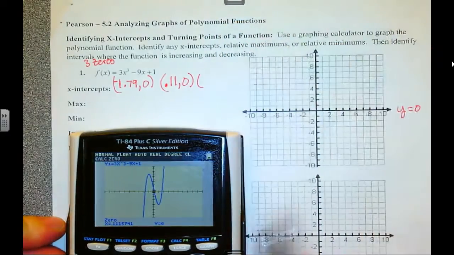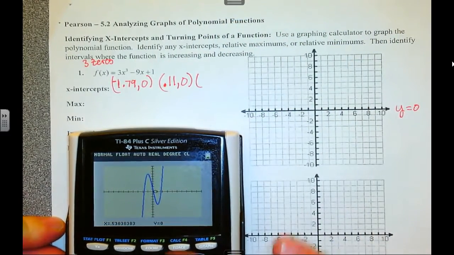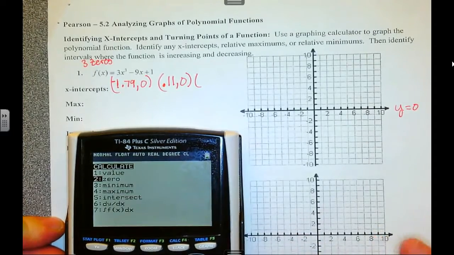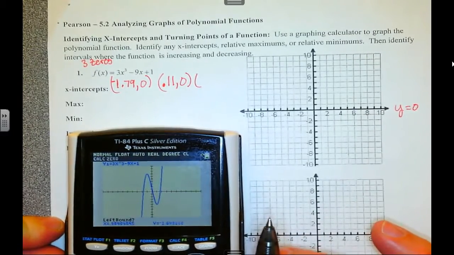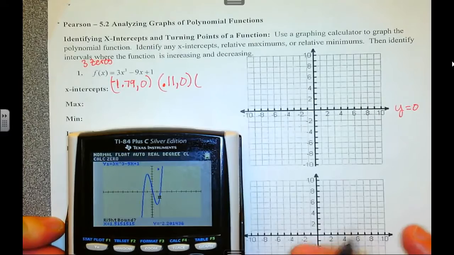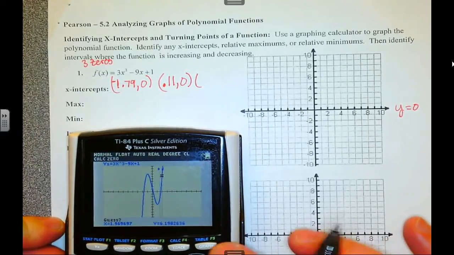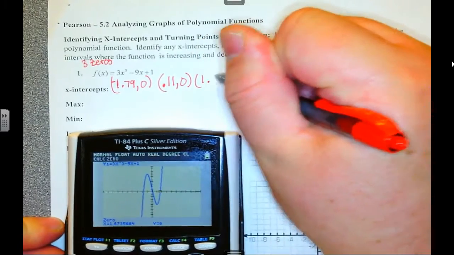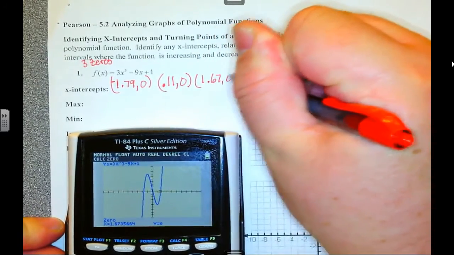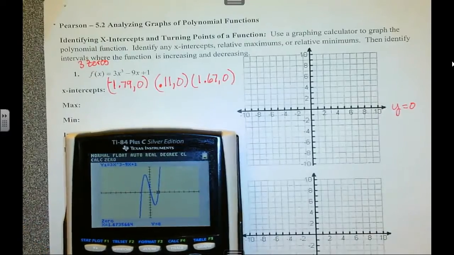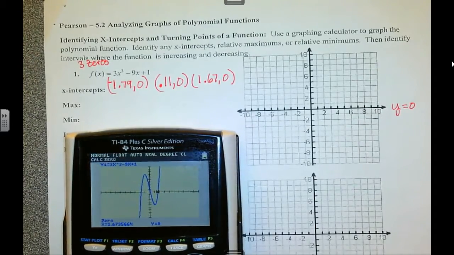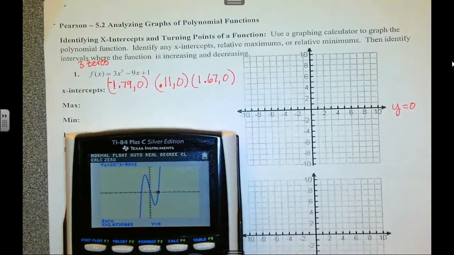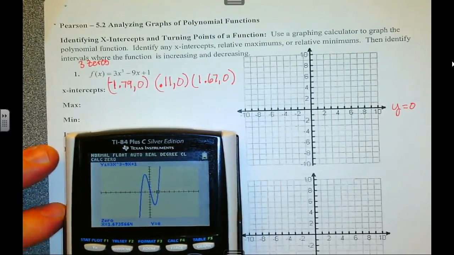And my third one, going to do the second trace again. 0. Hit enter, right bound, enter, and enter again. It's 1.67, comma 0. So there's my 3 x-intercepts, my 3 zeros, my 3 solutions, my 3 roots, however you want to call them.